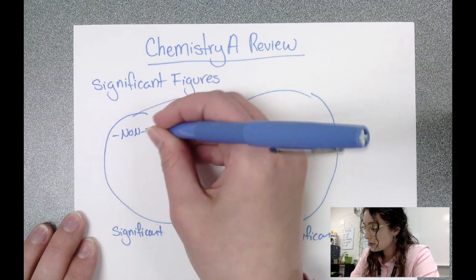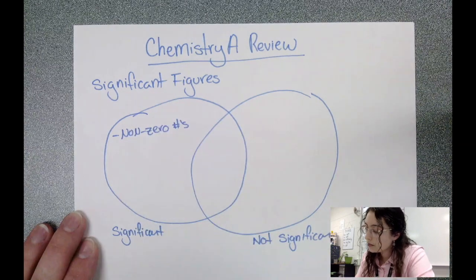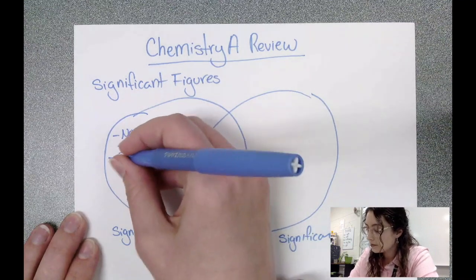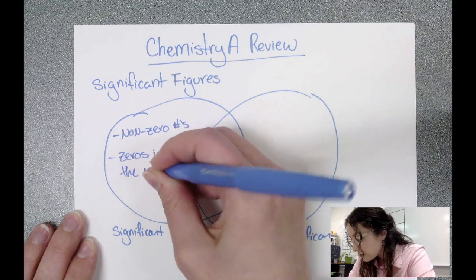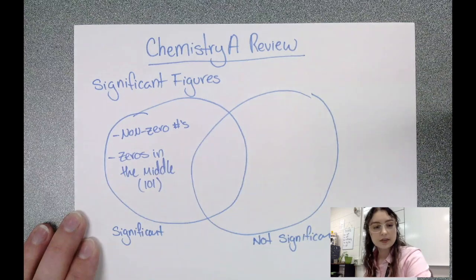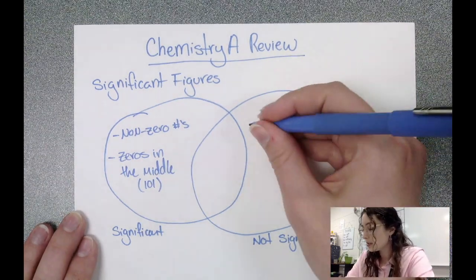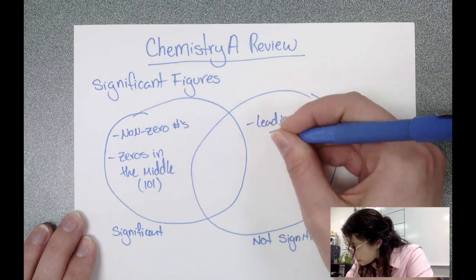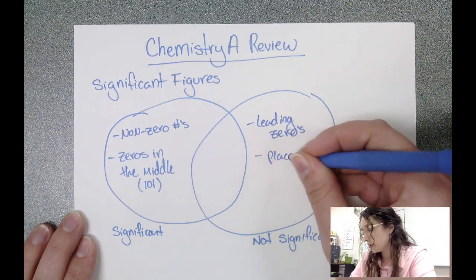Non-zero numbers. Zeros in the middle of non-zero numbers. Like if we're talking about something like 101, that's a zero in the middle that's significant. Things that are never significant: leading zeros, or anything that's just a placeholder.